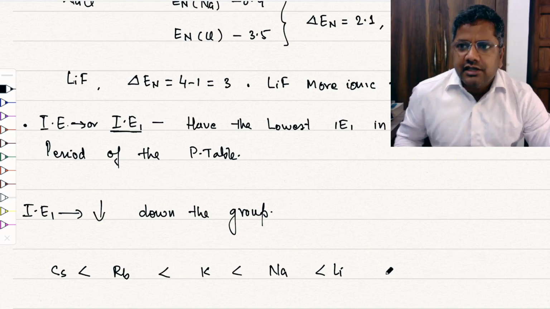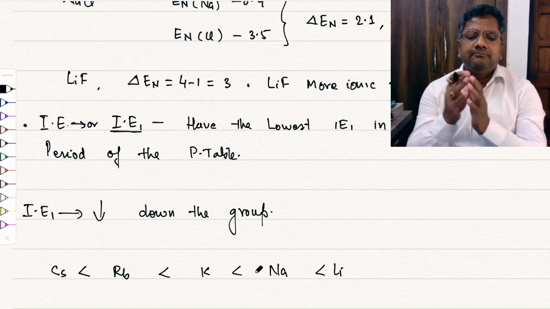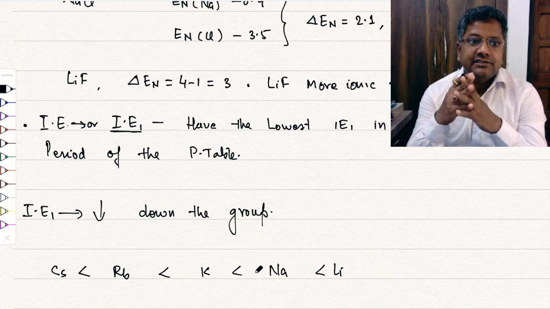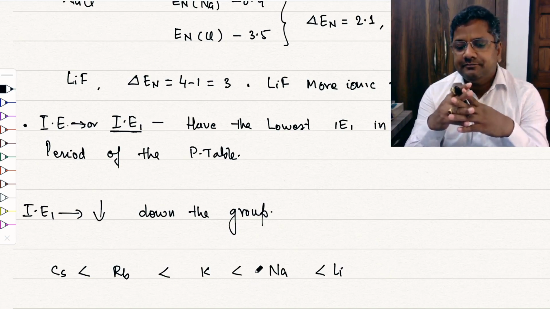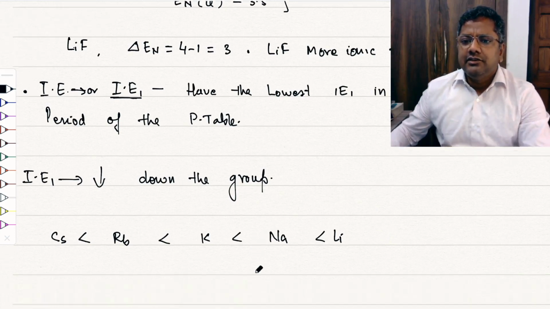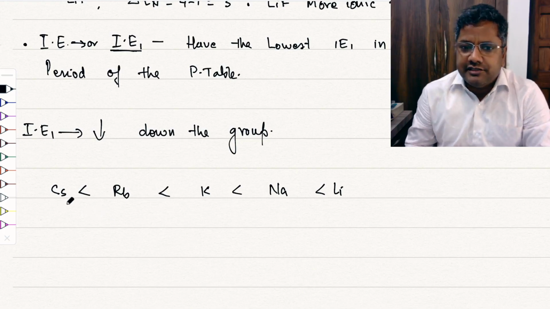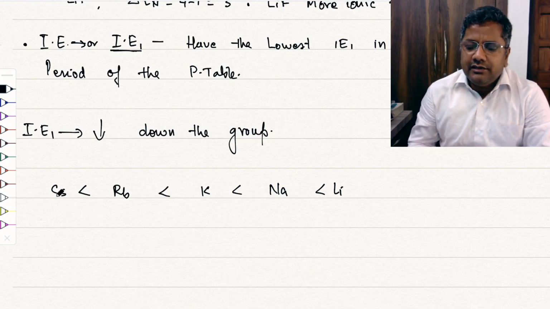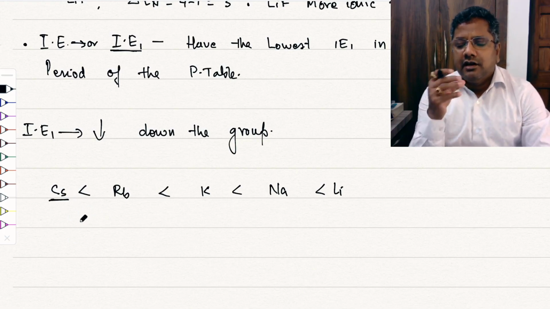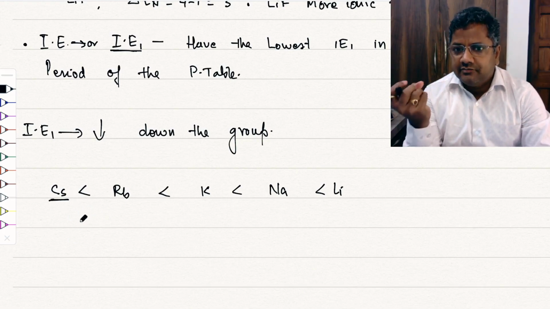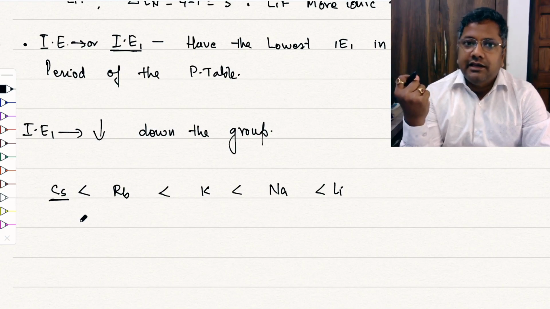So what is the consequence of this IE1? The consequence is that you can easily remove the electrons from cesium. As all of you know, this is from the gaseous isolated atom, as per the definition of IE1.